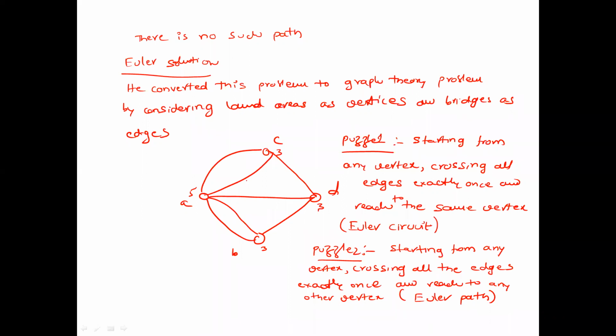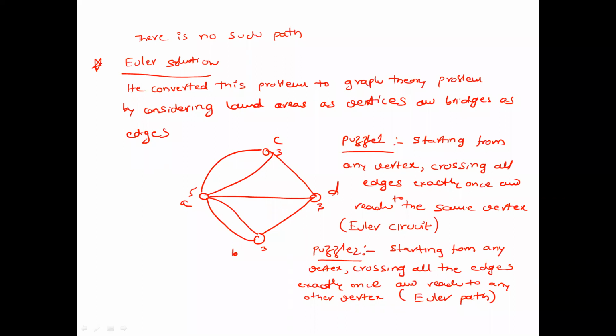This is a very, very important question. Though it's quite simple, frequently it will be asked in the examination. They give a multigraph and ask you to find out whether it contains a Euler circuit or Euler path.